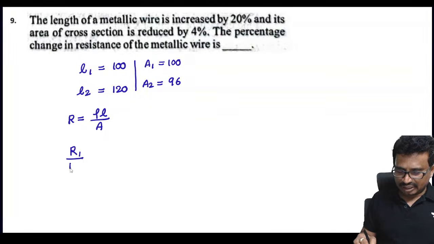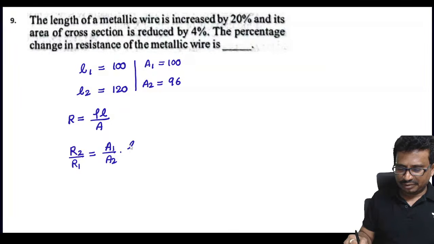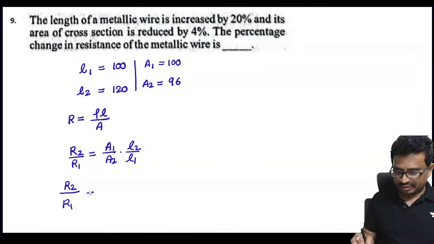So we can write R2 by R1, which will come to be A1 by A2 into L2 by L1. Then R2 by R1.